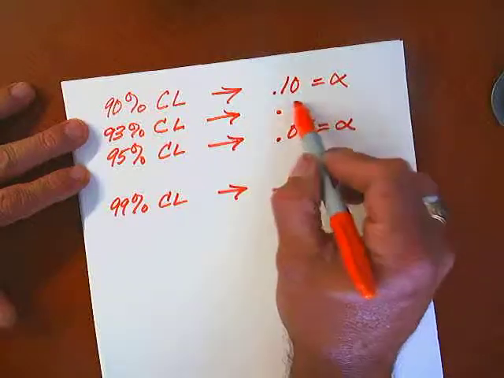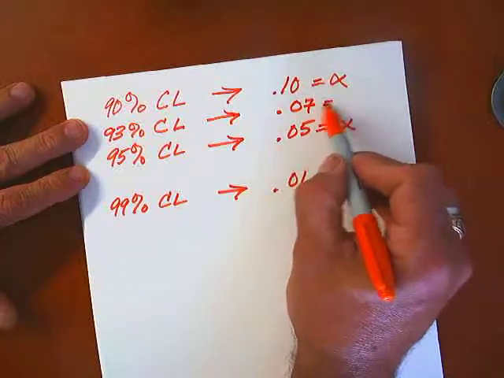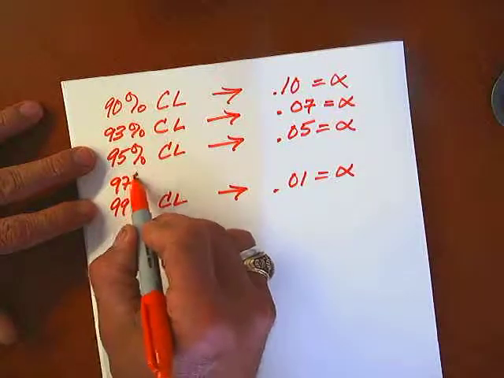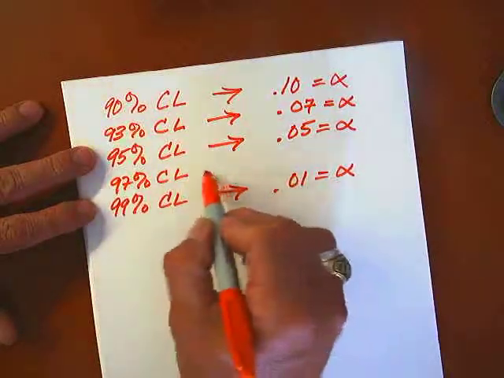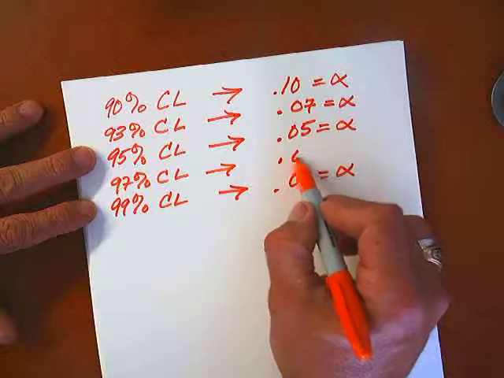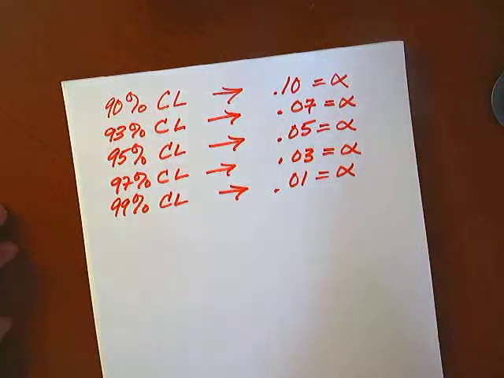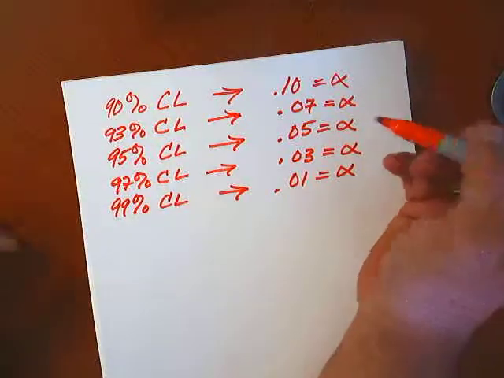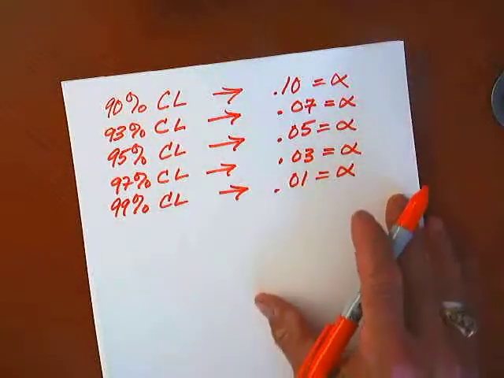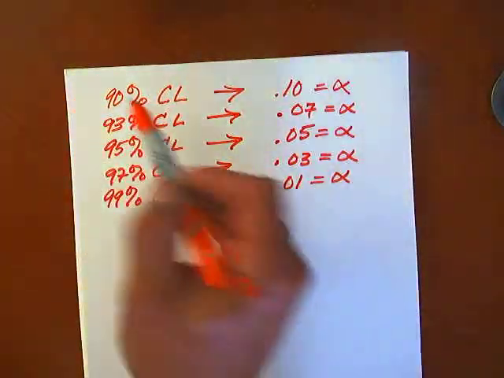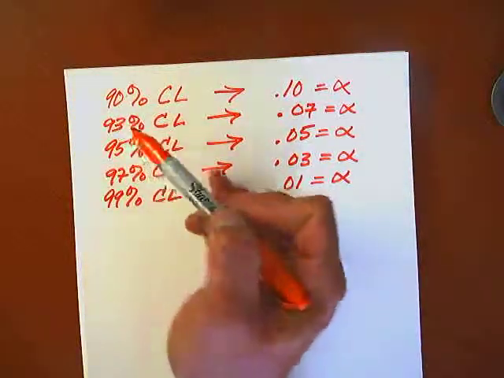So I'll put in a couple more. Let's go with a 93% confidence level. Well, a 93% confidence level translates into a 0.07 value for alpha. And a 97% confidence level translates into a 0.03 value for alpha.